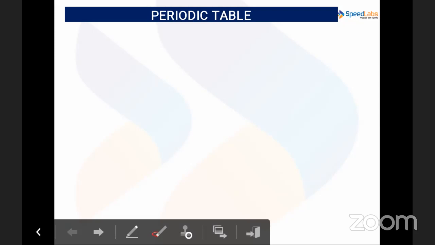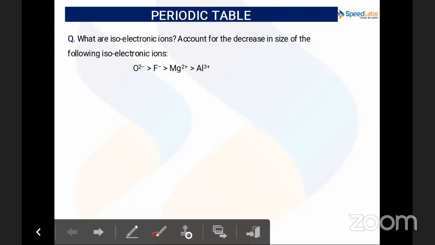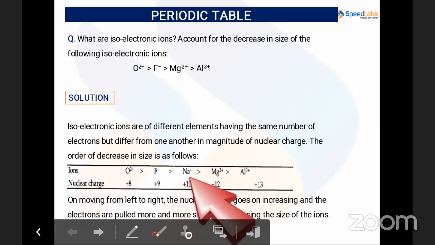As it has the positive charge, it loses one electron. Similarly, if we talk about the neon atom, the electronic configuration is 2,8.